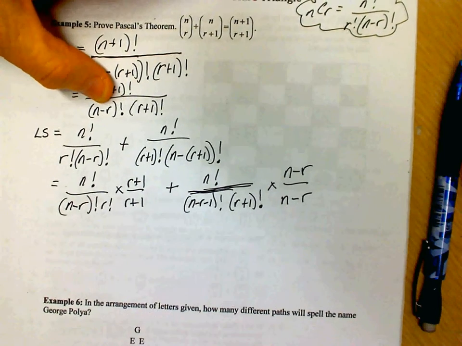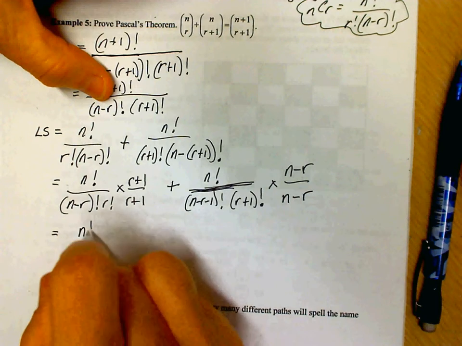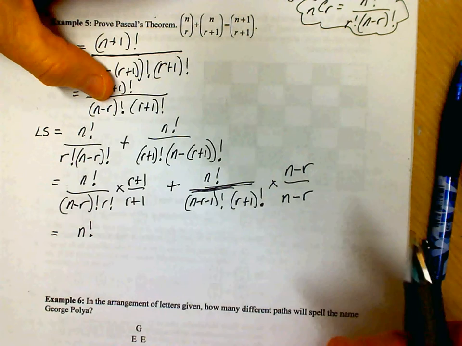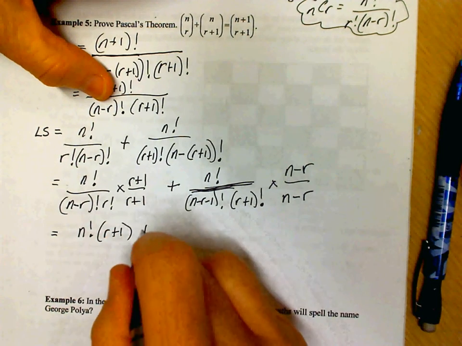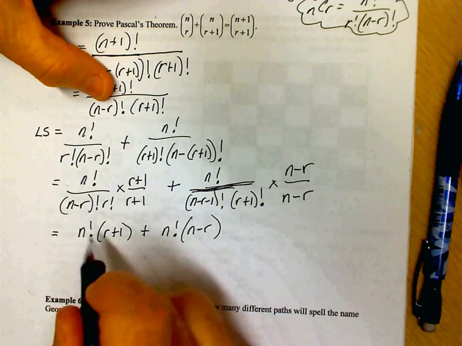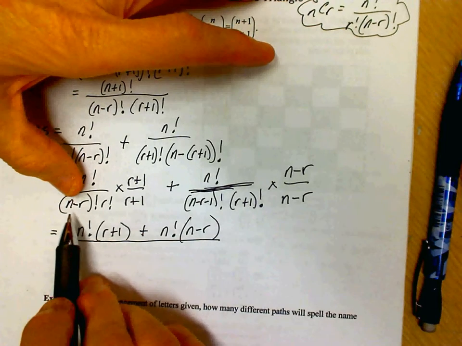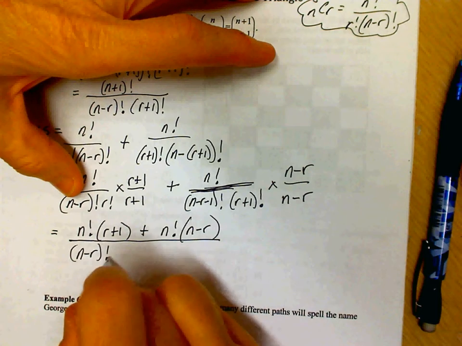So this is equal to n factorial times r plus 1 plus n factorial times n minus r, all over n minus r factorial times r plus 1 factorial.